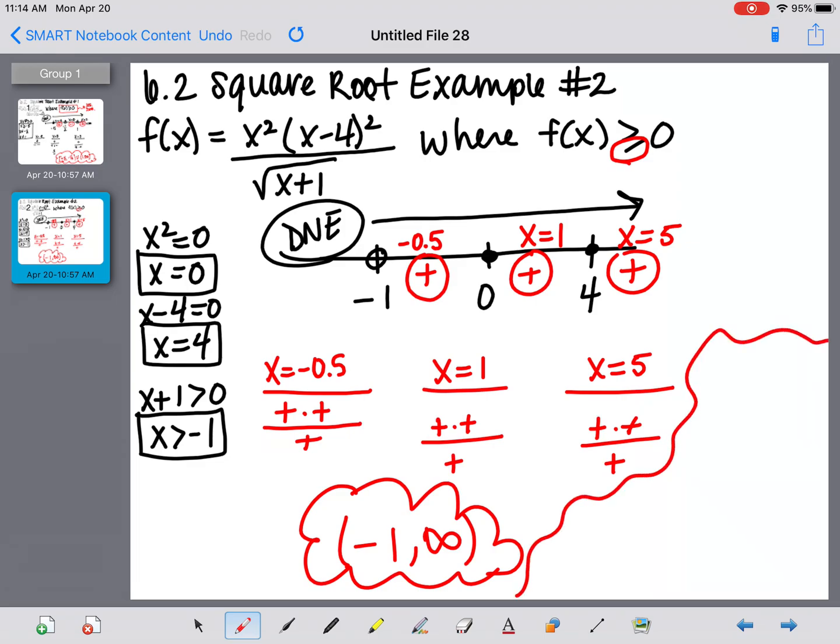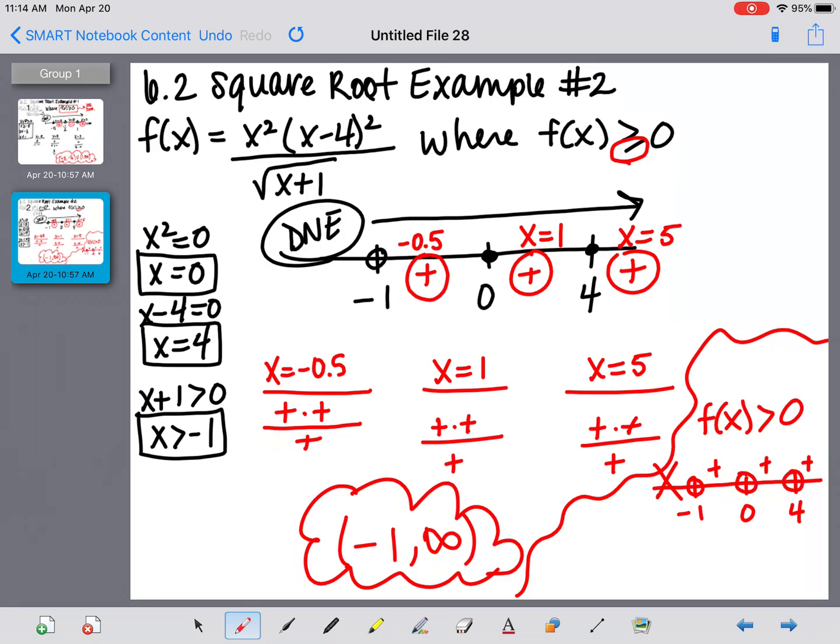Now, just for the practice, let's think about something. If we wanted strictly greater than 0, our sign chart would stay the same as far as the signs. Each of these intervals would still be a plus, and this one would not even exist.